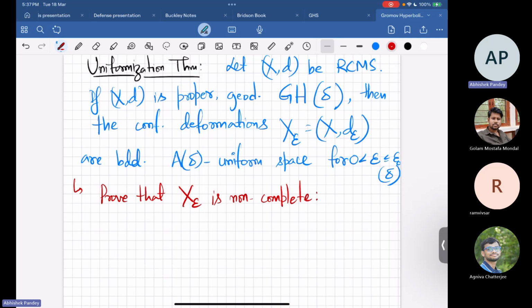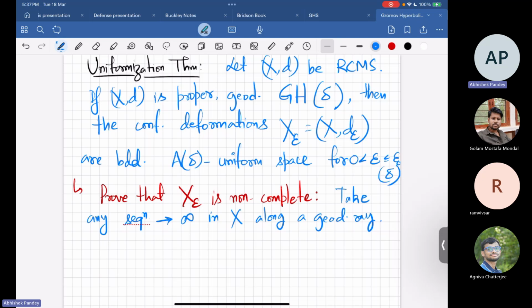As a hint for proving this is non-complete, just take any sequence tending to infinity in X along a geodesic ray. So this is our uniformization theorem, which says that every proper geodesic Gromov hyperbolic space can be conformally deformed into a uniform space.